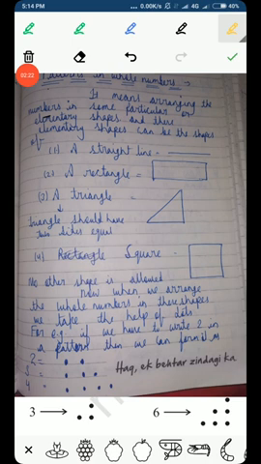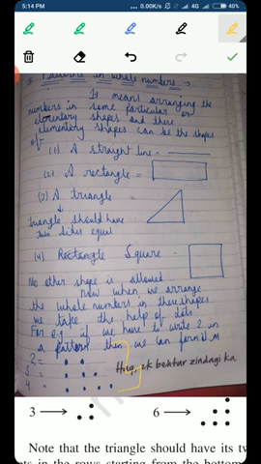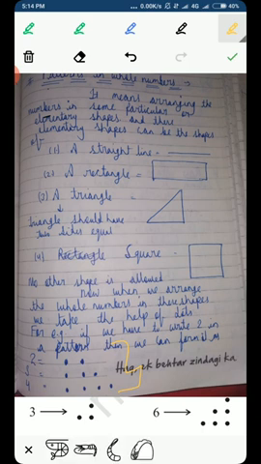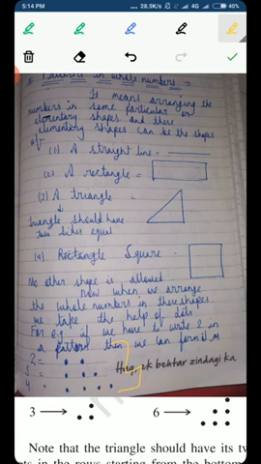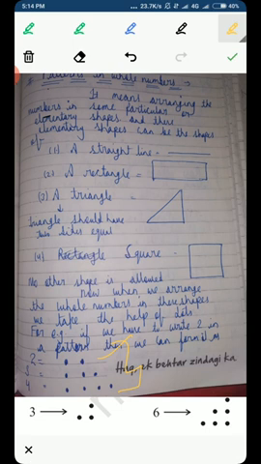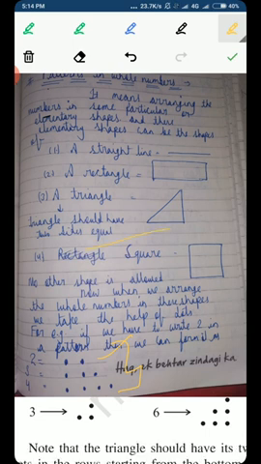As you can see here, we have expressed some numbers in the shape of a straight line with the help of dots. 2 is expressed as a straight line. If you have 2 dots like this and you join them, they will form a straight line.